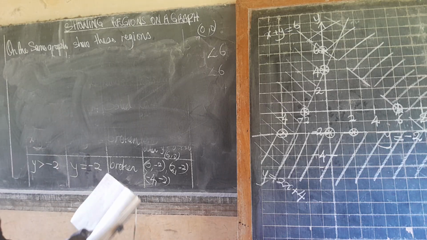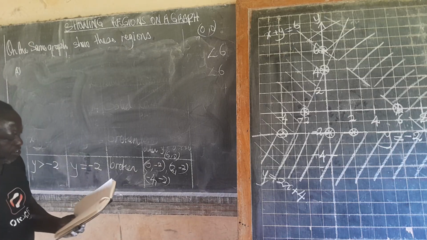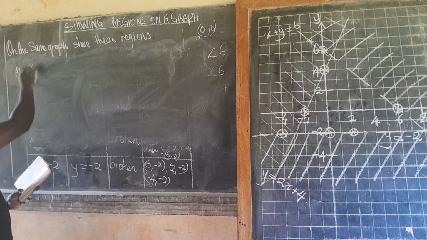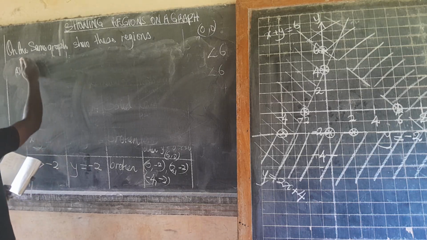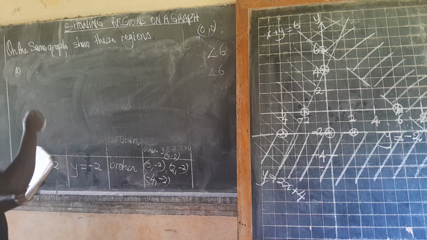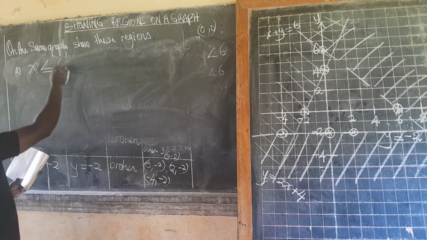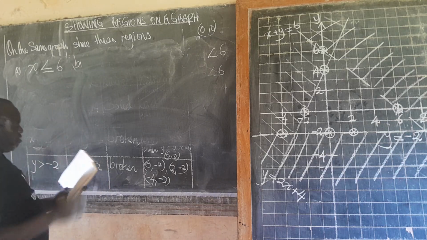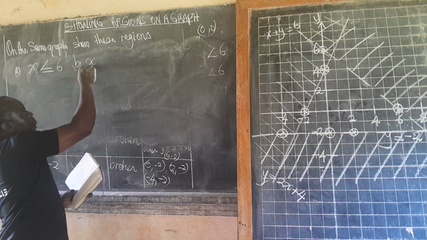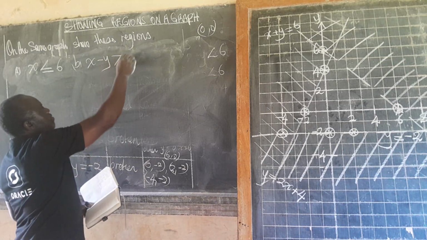Show the regions. The first region is region A, which is x is less than or equal to 6. The second region is B, x minus y is greater than 0.